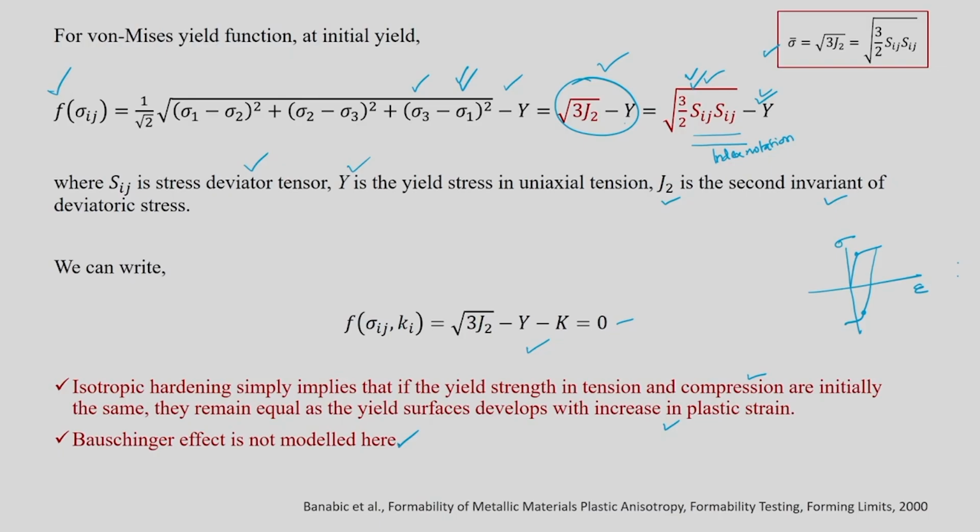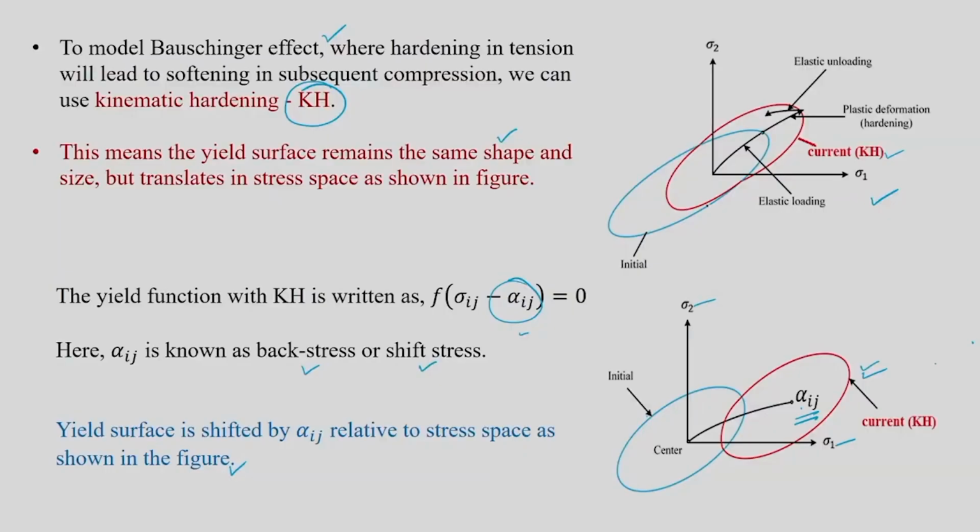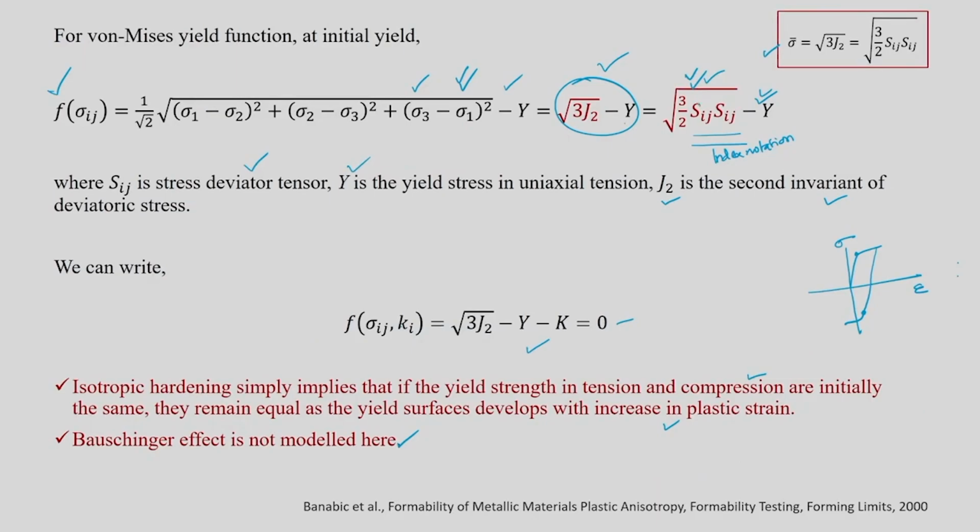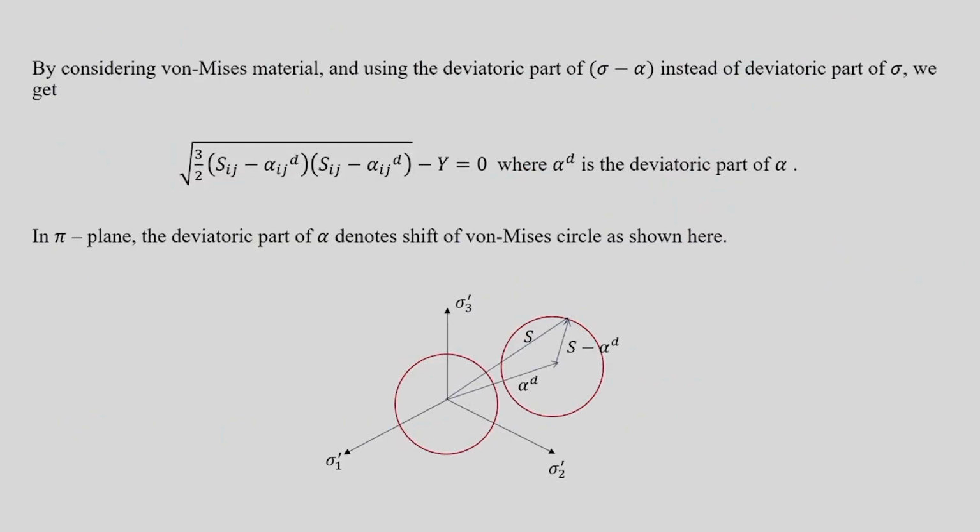Now this Sij is the deviatoric tensor, and what I am going to do here is use sigma ij minus alpha ij. You imagine that this alpha has a deviatoric part, which I am going to remove from Sij, which is what I have written here.